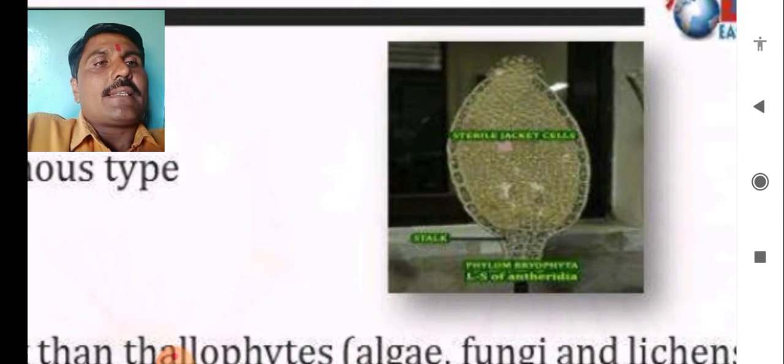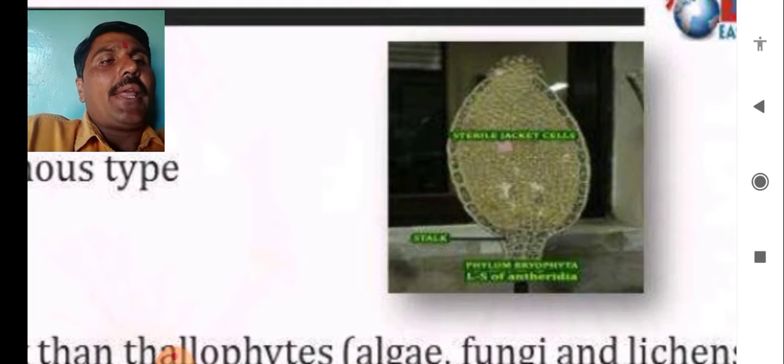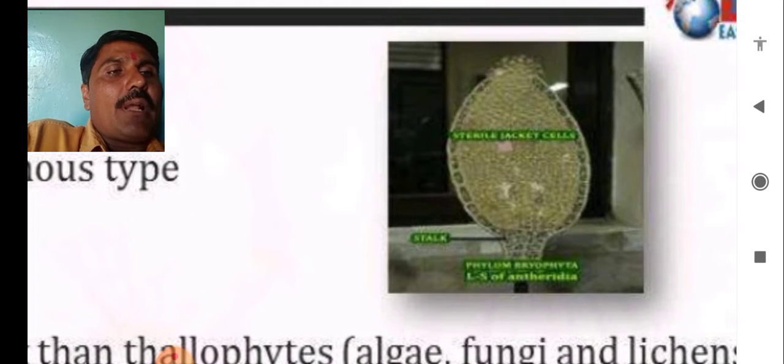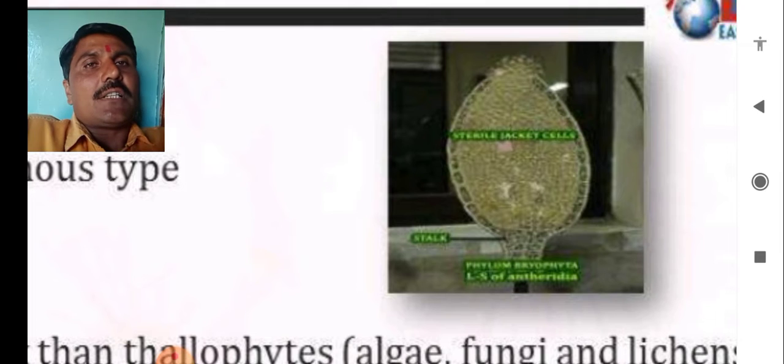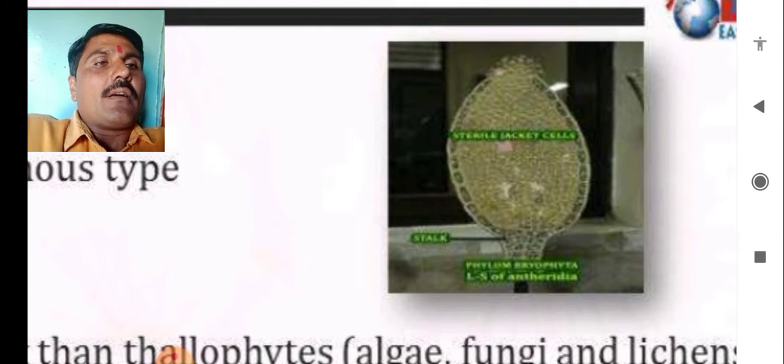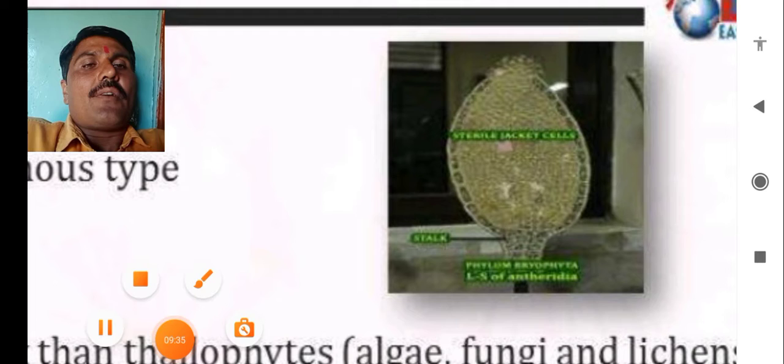So you can see this is the antheridium, the male reproductive organ in the bryophytes. This one is the longitudinal section of the antheridium, and this is the stalk at the bottom.